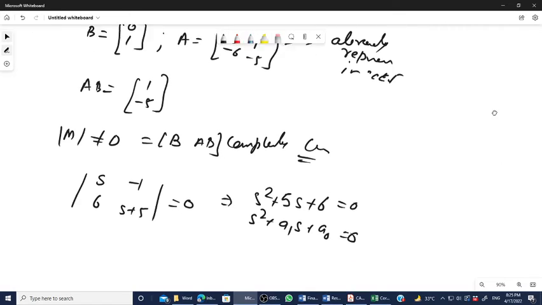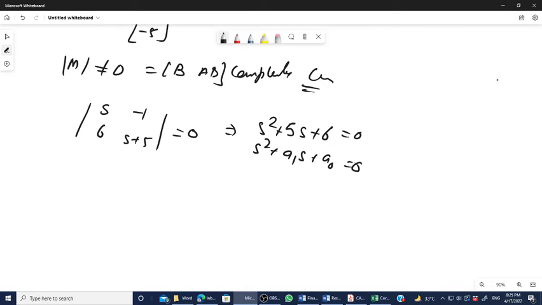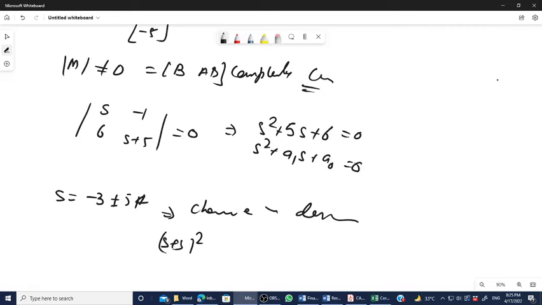Now comes the desired characteristic equation using the design specification. Your design specification, the given pole location, should be minus 3 plus minus j4. Based on this, the desired characteristic equation is S plus 3 whole square plus 16 equal to 0. This is nothing but S square plus 6S plus 25 equal to 0, and this is S square plus alpha1 S plus alpha0 equal to 0, right?